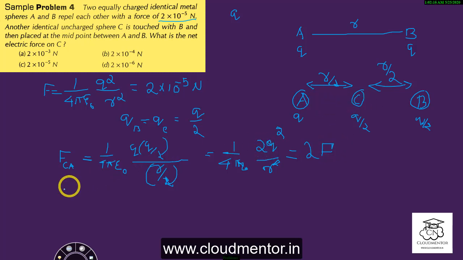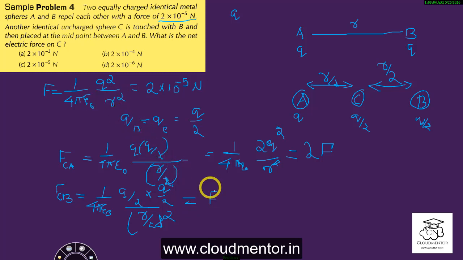So FCB will be equal to 1 by 4 pi epsilon 0, both the charges have the same value, q by 2 multiplied by q by 2, and the whole divided by the distance r by 2 the whole square, and this will simply be equal to F, that is 1 by 4 pi epsilon 0 q square by r square.